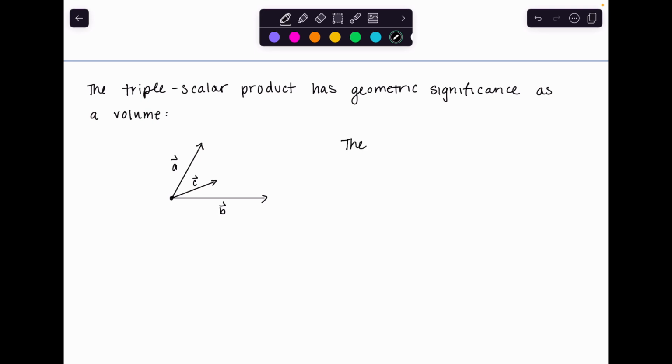So you know 2 vectors can form a parallelogram. You add that third dimension, it's basically a 3D parallelogram. So the 3 vectors form a parallelepiped, which is a fun word to say.